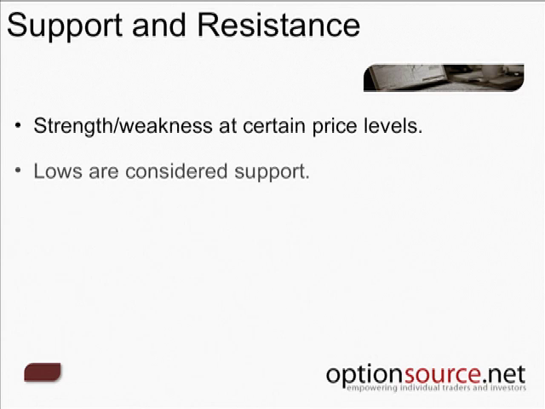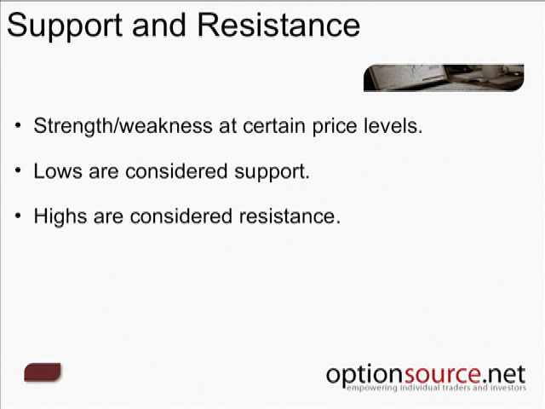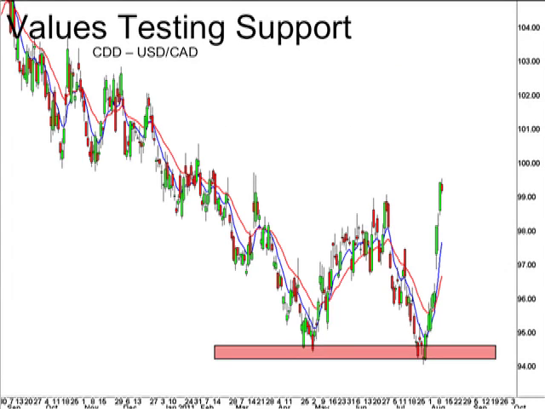But the other consideration that we want to make is, of course, the idea of understanding support and resistance. And support and resistance is very simply the identification of strength and weakness at certain price levels. The lows are considered support, highs are considered resistance.